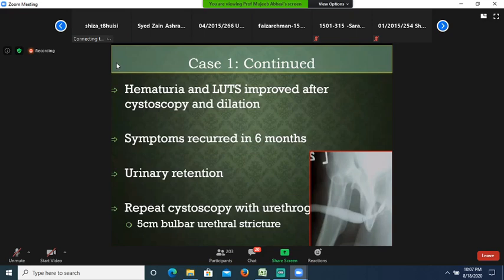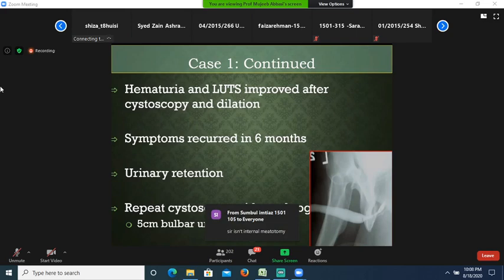These were gum dilators, or sometimes metal dilators. But now that thing has gone. Nowadays, either they can do urethroplasty, or give a small cut and dilate it, or the other way is that you pass a small guide wire and there is a pneumatic balloon on it.